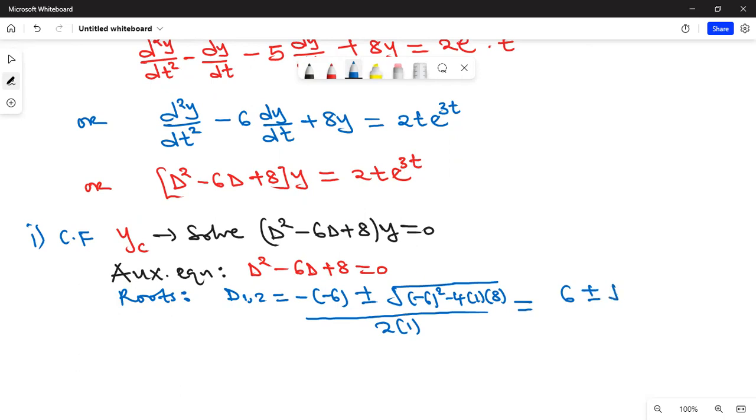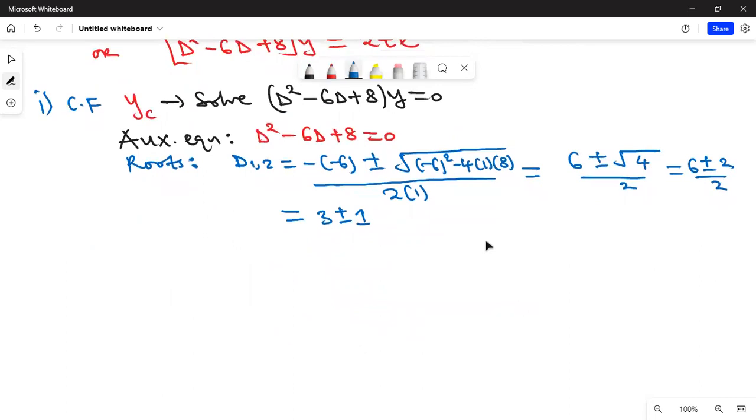That should be the square root of 4 over 2. And this is the same as 6 plus or minus 2 over 2, which you can as well write as 3 plus or minus 1.